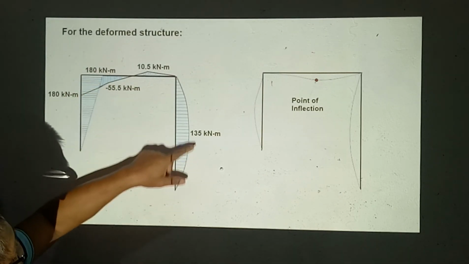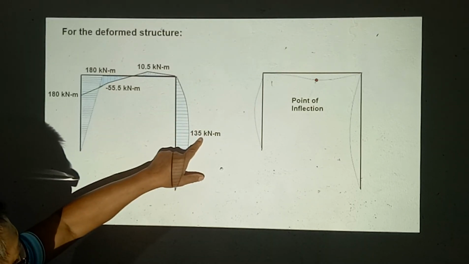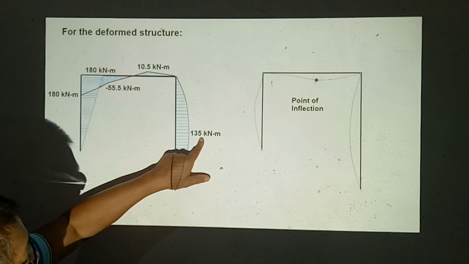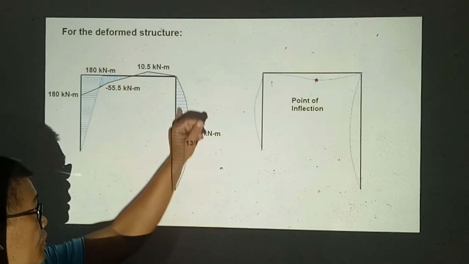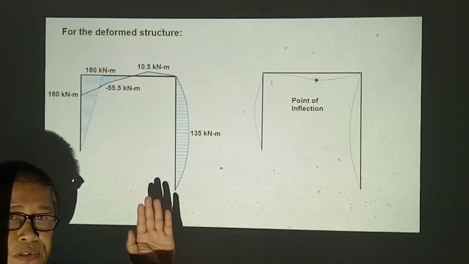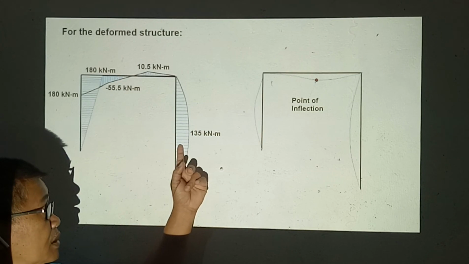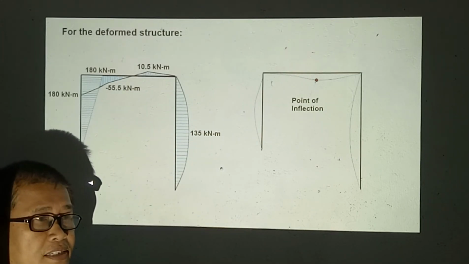For column CD, it has a maximum of 135 kilonewton meters, but it's not necessarily the value that we use in designing this one, because if we have to reverse the action of the uniform loading, it might be that this will give us a maximum moment also. We'll just understand that later in design.